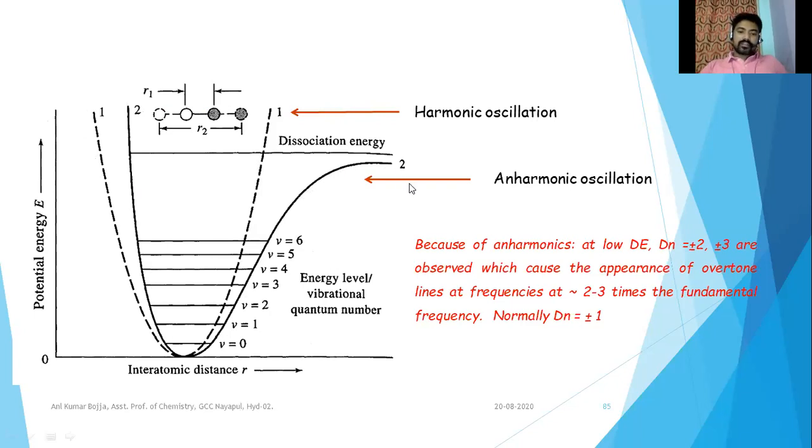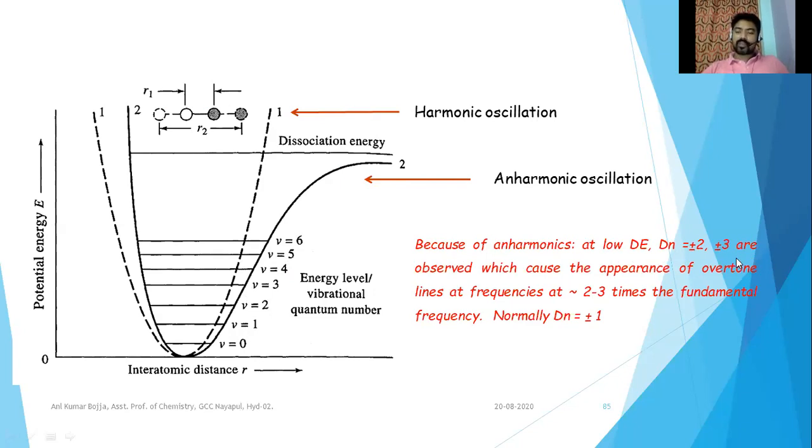So this is the graphical representation of energy of different vibrational levels, where the molecule is performing anharmonic oscillations. Right. Because of anharmonicity, at lower energy difference values, the promotion or demotion of the molecule takes place between 2 to 3 vibrational levels.